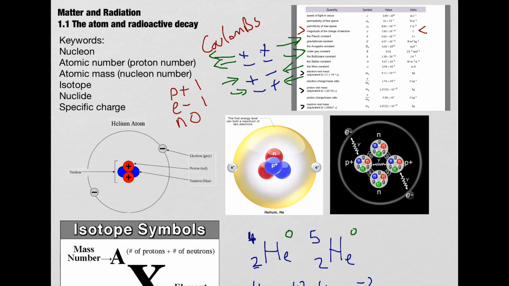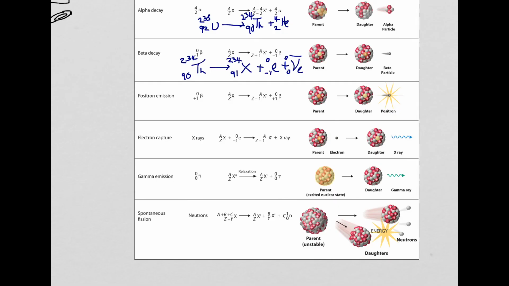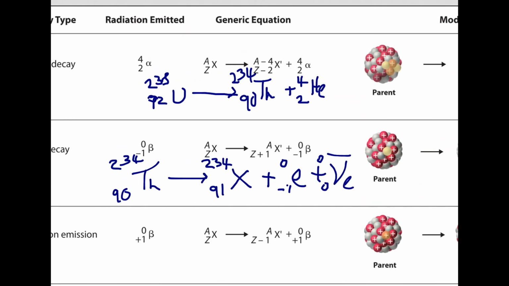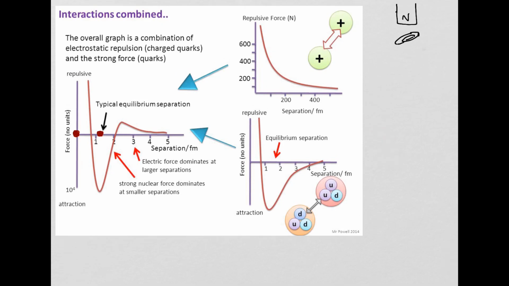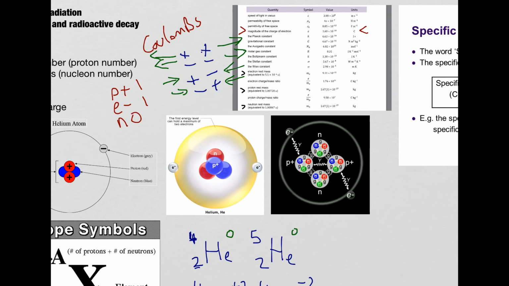We've learned specific charge, the charge per unit mass, and we've also recapped how to do the equations for beta and alpha decay, and why the nucleus doesn't rip itself apart because of the strong nuclear force. In our next lesson we'll be looking at photons and the energy of a photon.